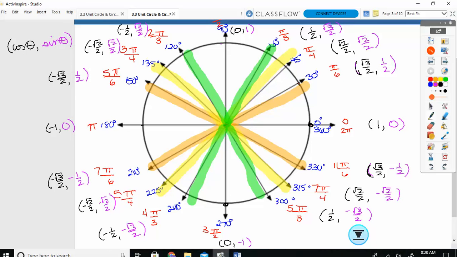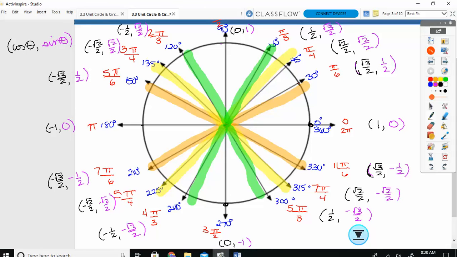If I want to use these to get tangent, how could I do that? You can do the finger trick still. That still works. We also know tangent is sine over cosine, or y divided by x. So you could actually divide these. So if I said find the tangent of 7 pi over 6, then tangent is y over x.